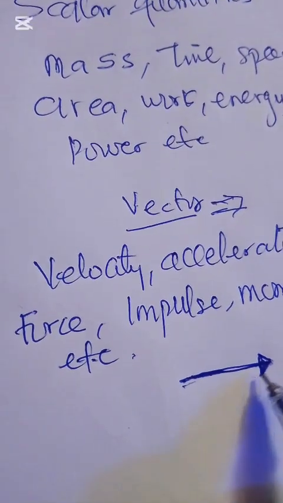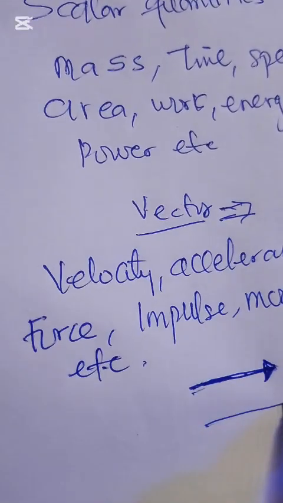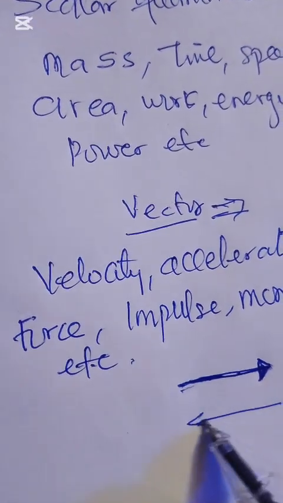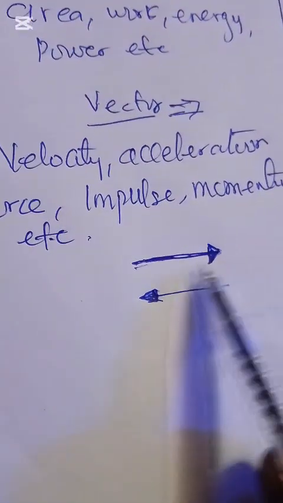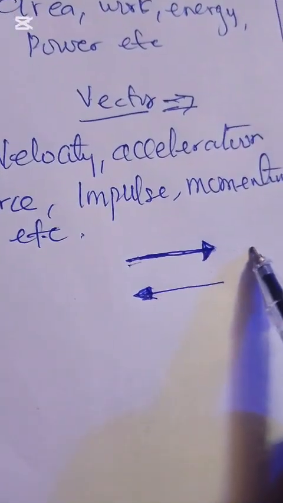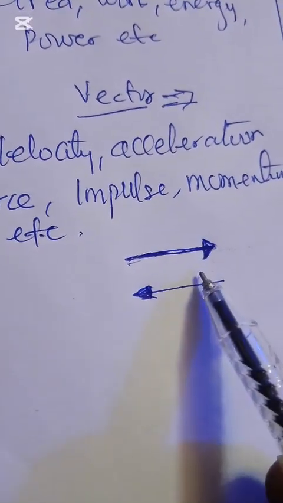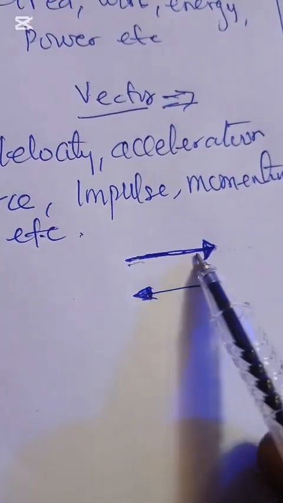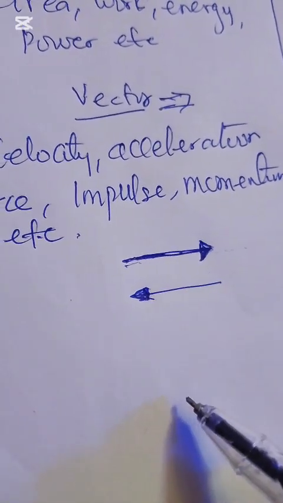As you can see in this particular diagram, I have two vectors, but these two vectors are moving in opposite directions. This one is moving due east, whereas this is moving due west. This is a vector because it has size and also has direction. That is how you represent a vector.